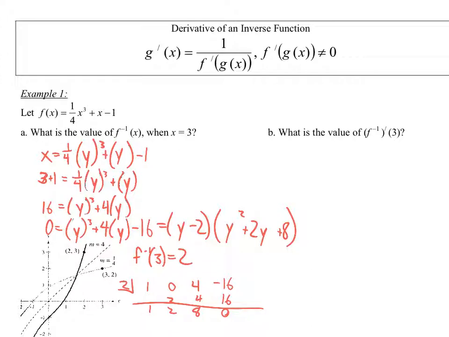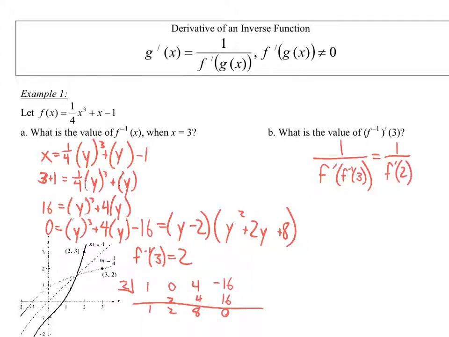solution. So now, what is the derivative of the inverse of f at 3? Well, it's 1 over f prime of f inverse of 3. This is why we had to figure out what f inverse of 3 was. So that's going to be 1 over f prime of 2.